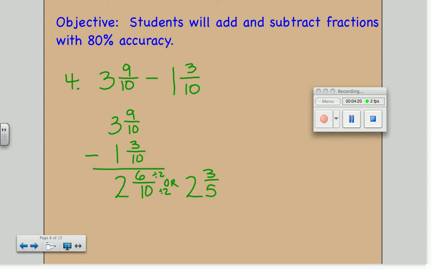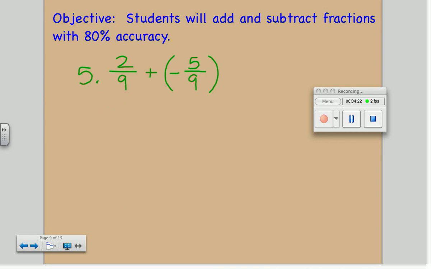Next, 2/9 plus negative 5/9. Well, they have the same denominator, so 2 plus negative 5. 2 plus negative 5. So I'm going to use algebra tiles here so you guys don't forget this strategy. 2 and negative 5.